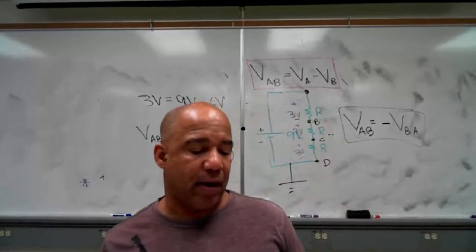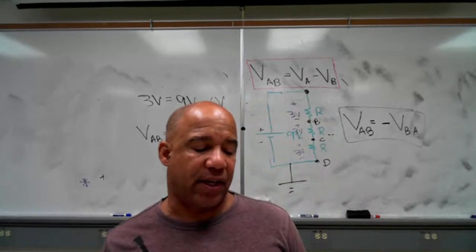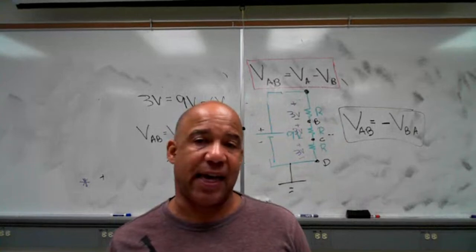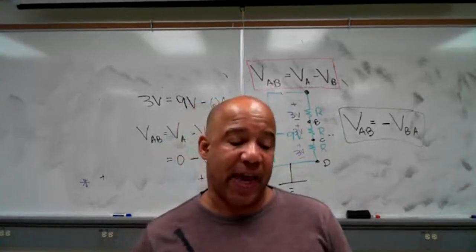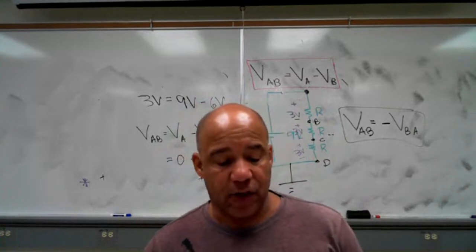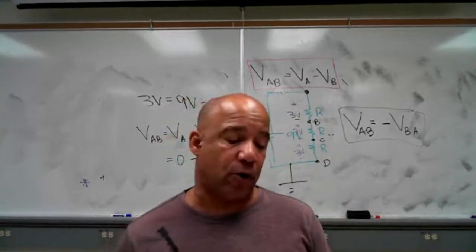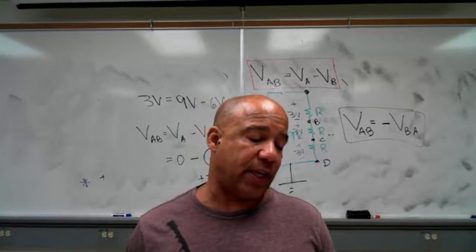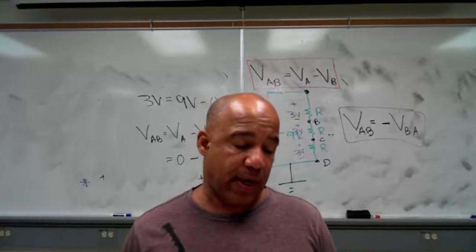Then he says, all right, in figure B, look at what he does. He takes the reference point and moves it from B to C. And he does the same thing again. Notice VA, VB, and VC, they're all different now. In circuit B, VA is 12 volts, and in the other circuit, it was 4 volts. And VB is 8 volts, and in the other circuit, VB was 0 volts.